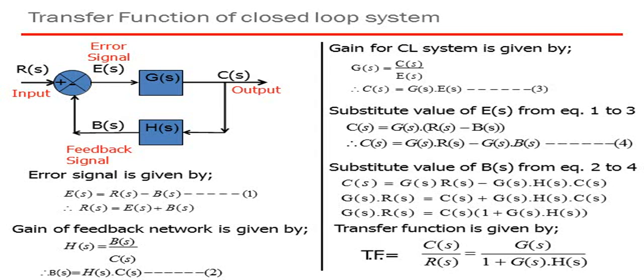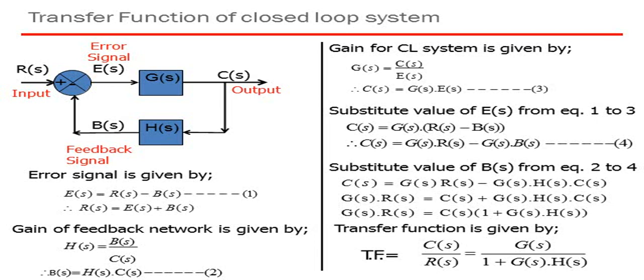Now concentrate on the error signal. As you can see in the diagram, error signal is the output of the error detector. So it is given by R of S minus B of S. This is our equation number 1. E of S is equal to R of S minus B of S. Rearranging this equation, we can get R of S is equal to E of S plus B of S. So input signal is equal to error signal plus feedback signal.